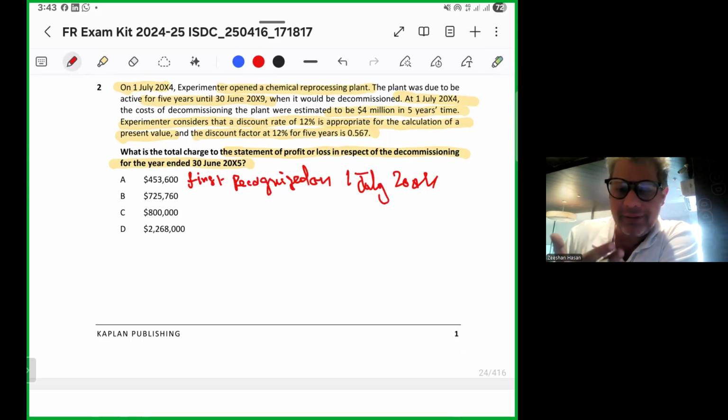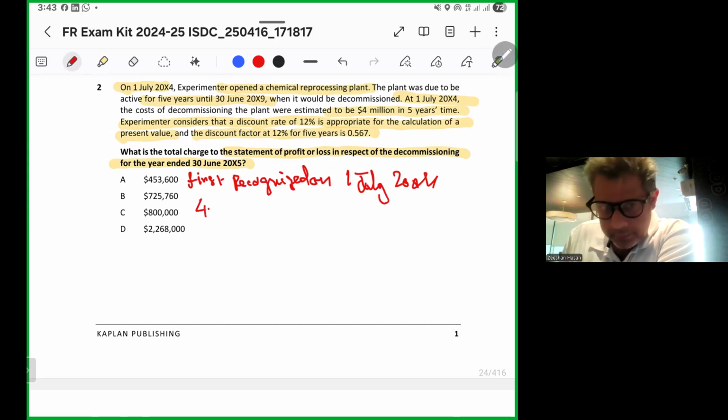The present value is calculated by multiplying the expected future cost by a discount factor, which in this case is the discount factor for year 5, 2009, at 12%. So for that, it is 4 million.